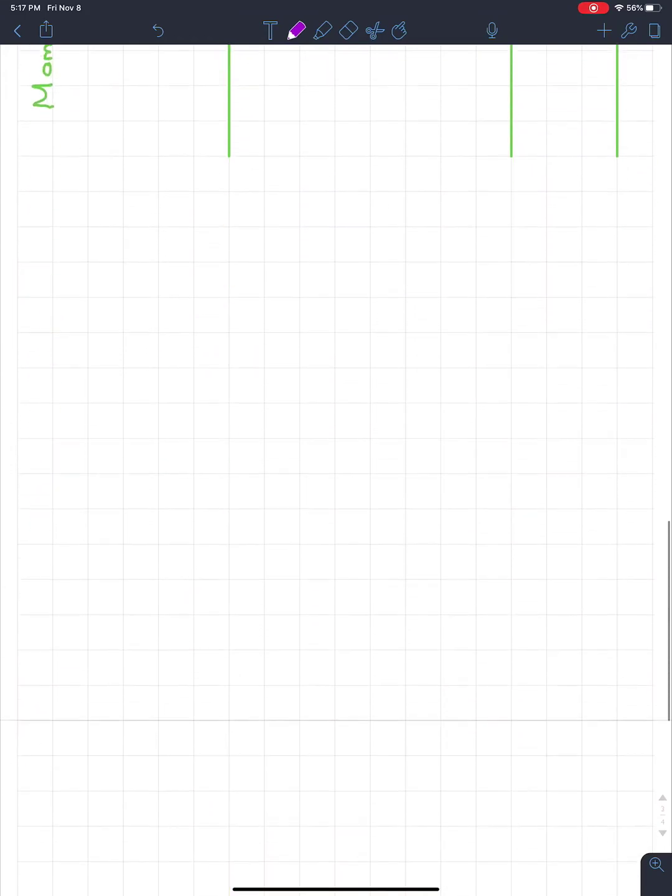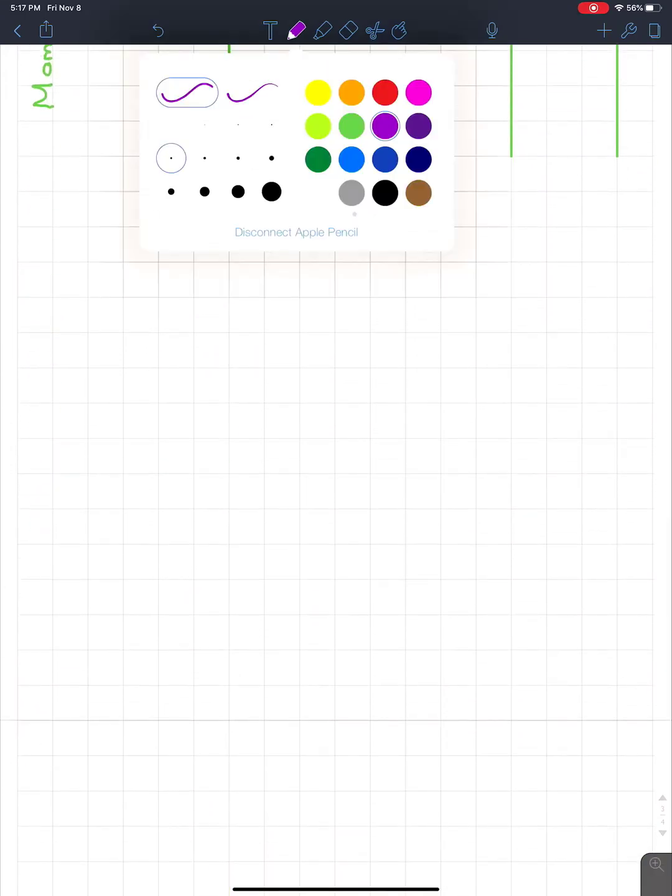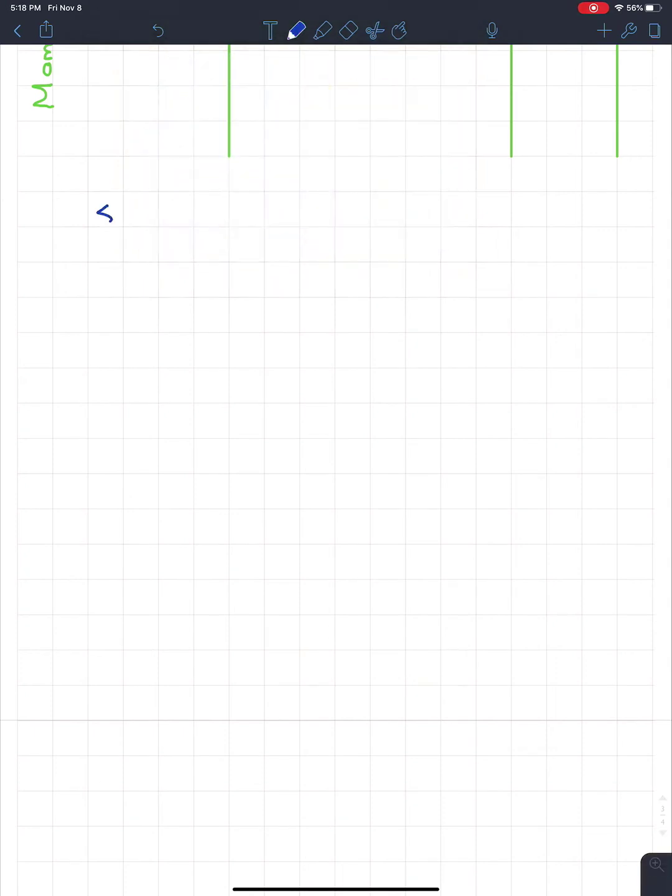I'm going to write these in blue for the shear diagram. The change in shear from x equals 0 to 8 is equal to the area of the distributed load.